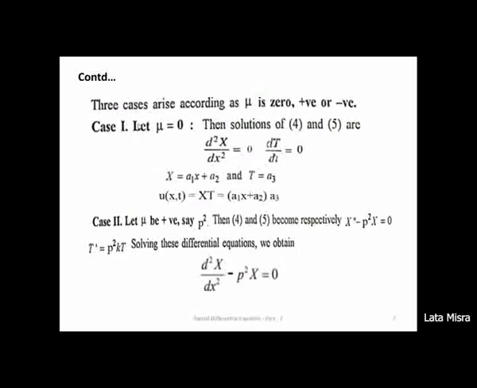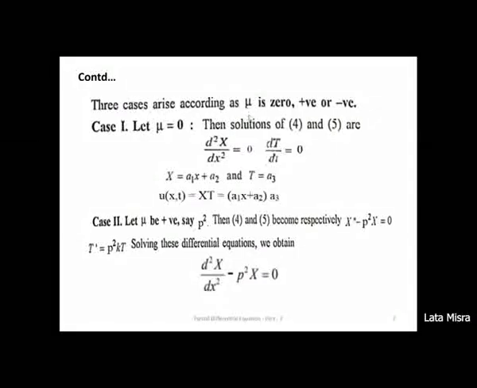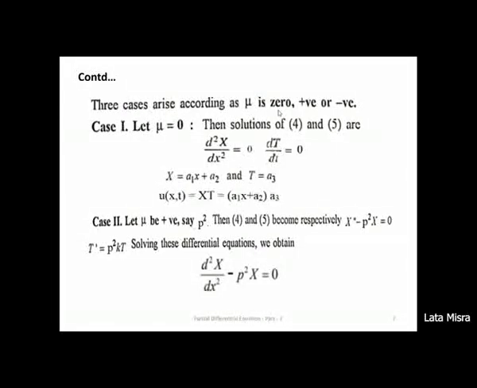Here we are discussing three cases. First is when mu is equal to 0, second is when mu is positive, and the third one is when mu is negative. First we consider when mu is equal to 0. Our equations number 4 and 5 reduce into d²X/dx² equals 0, because the right hand side becomes 0, and dT/dt is also equal to 0.